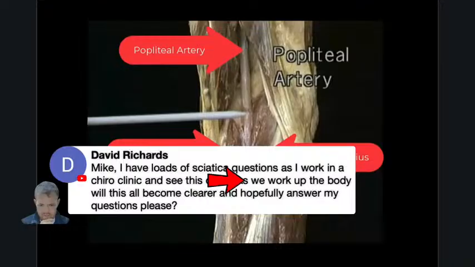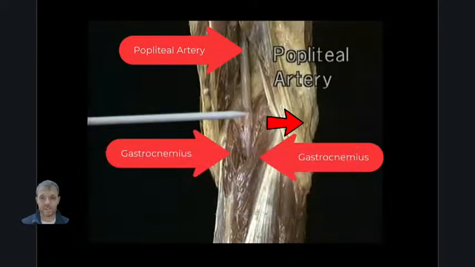I've got lots of sciatic questions as I work in chiropractic in the soft end. We work up the body. This becomes clear. Yeah, absolutely. We'll probably do a couple of sessions just around the knee and the hip for the sciatic nerve, and then especially from the lumbar spine.